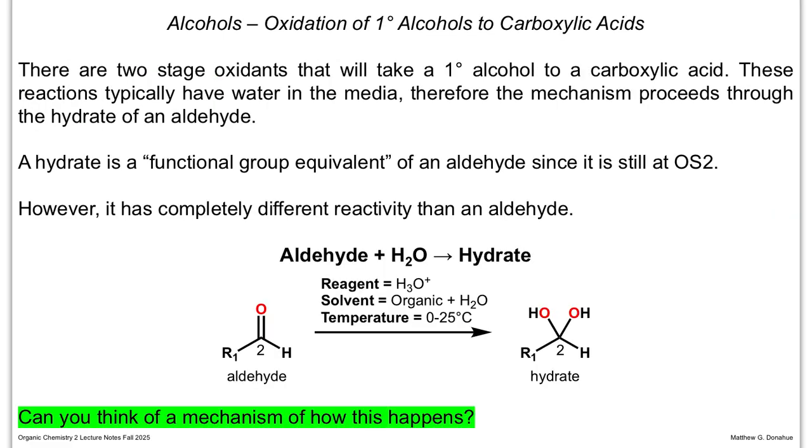So those were all one stage. What I want to talk about now is a two-stage, and this only applies for primary alcohols going up to carboxylic acids. So how does this work?